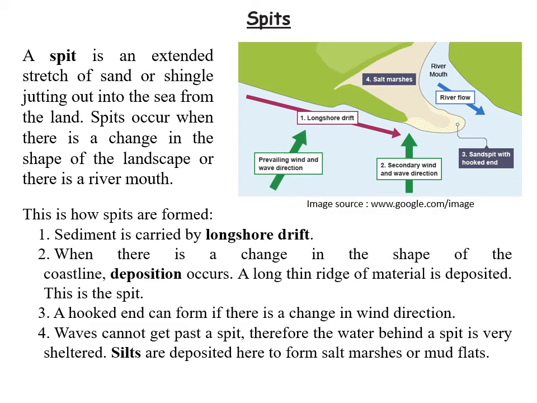Now, these kinds of landforms occur when there is a change in shape of the landscape, or the area suffers any kinds of obstruction, due to which the longshore drifts or longshore currents or the rip currents face restriction. And due to this restriction, these currents will go on deposition of the sediments.